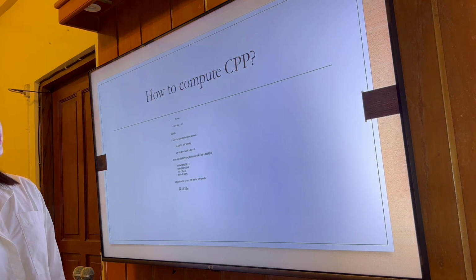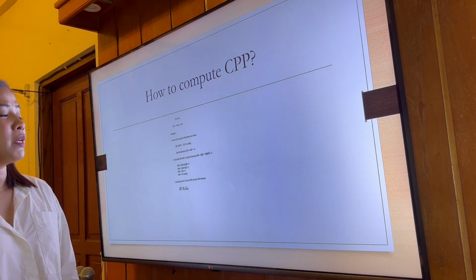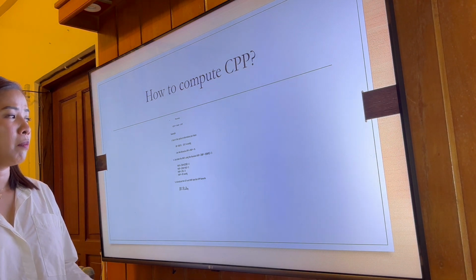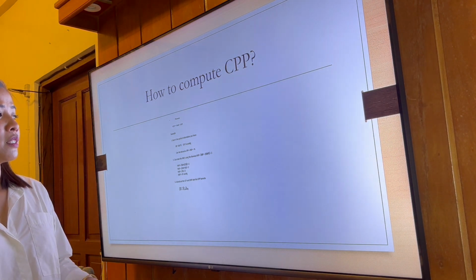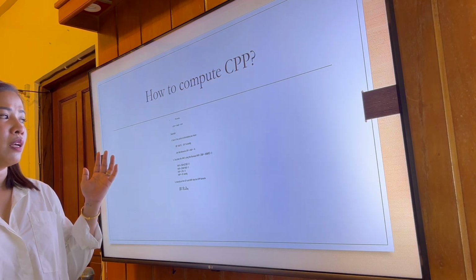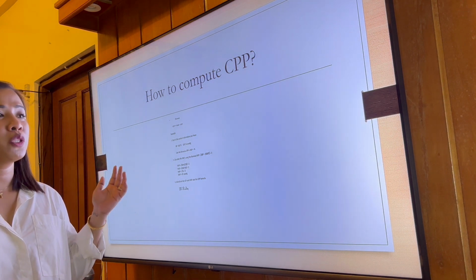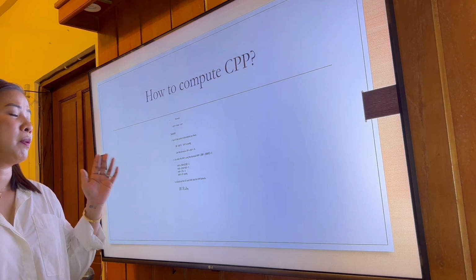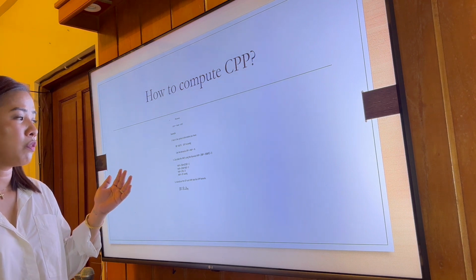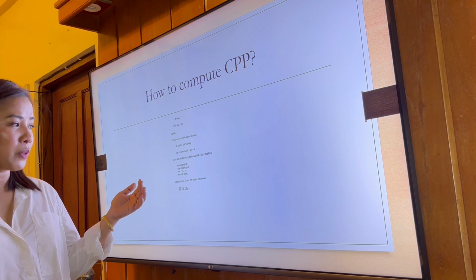So how to compute CPP? We have the formula. CPP is equal to our mean arterial pressure minus intracranial pressure. For example, the cardiac monitor of a patient shows our BP of 130/73 and ICP of 14 millimeter mercury.